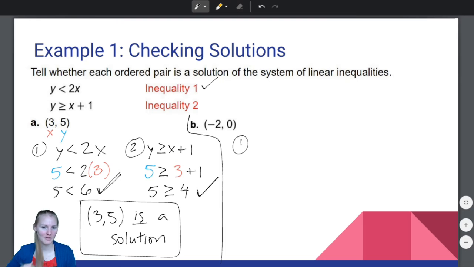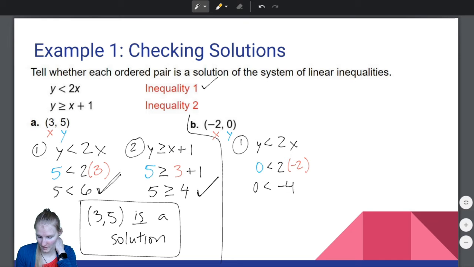So inequality number 1 is y is less than 2x. Here, x is -2 and y is 0. And we want to know, is 0 less than 2 times -2, which is -4?